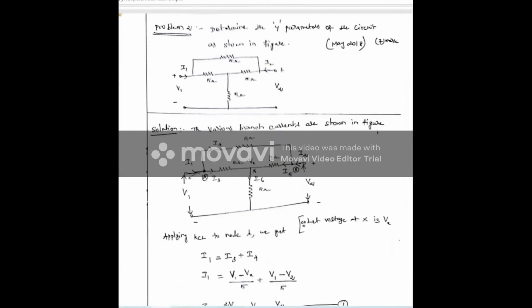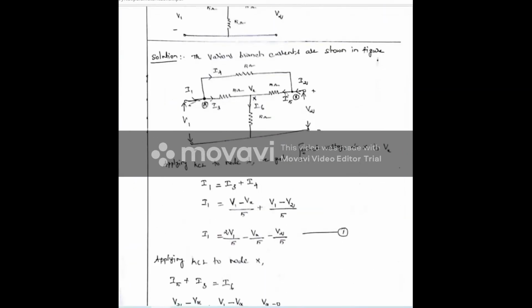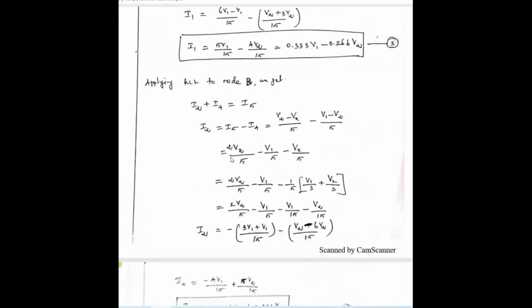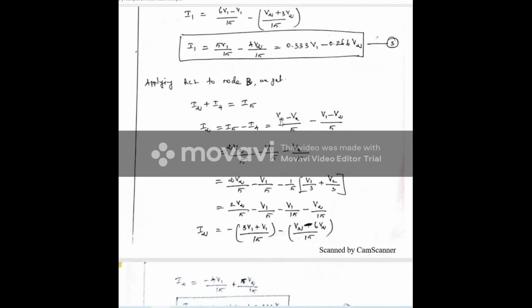So what is I5? You see the diagram. This is the current I5. I5 has starting node voltage V2 minus Vx divided by 5. Similarly, I4 is V1 minus V2 divided by 5. So rearrange it.